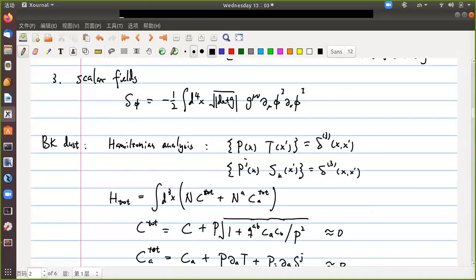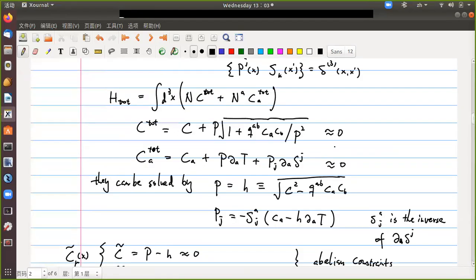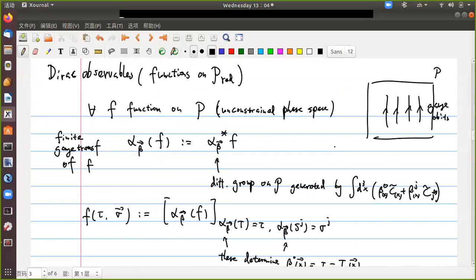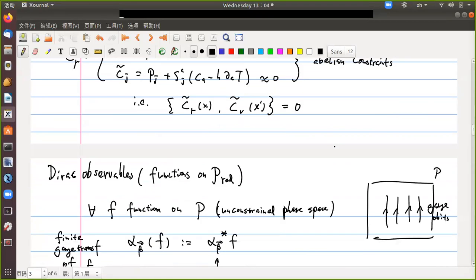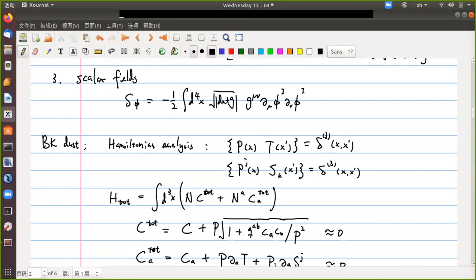It's better to call it a generator of the tau evolution. That Hamiltonian is completely different from the usual Hamiltonian, the standard Hamiltonian for gravity coupled to dust. When you do the Hamiltonian analysis, that one is still a linear combination of constraints and still zero on the constraint surface.